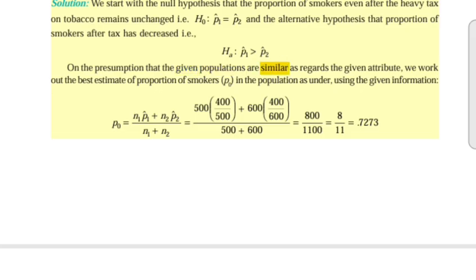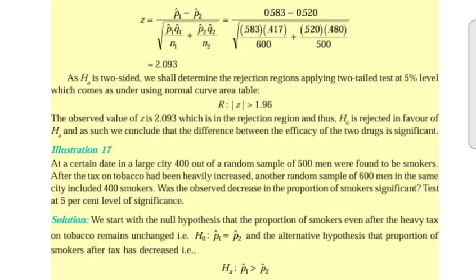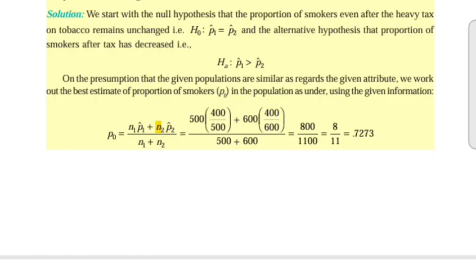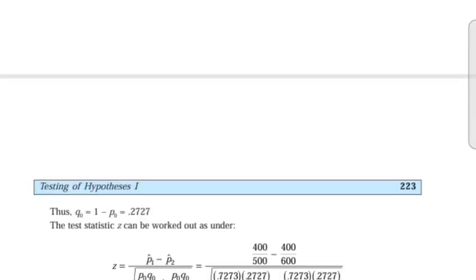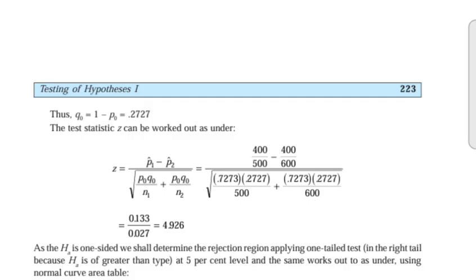On the presumption that the given populations are similar as regards the given attribute, we work out the best estimate of proportion of smokers P0 in the population as under, using the given information. P0 = (n1P1 + n2P2)/(n1 + n2) = (500 × 400/500 + 600 × 400/600)/(500 + 600) = 800/1100 = 8/11 = 0.7273.